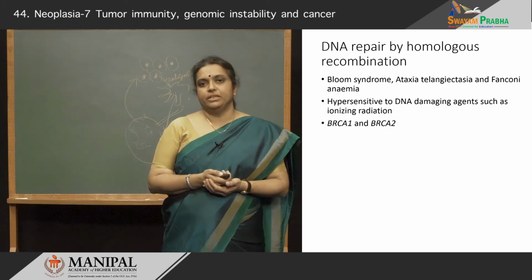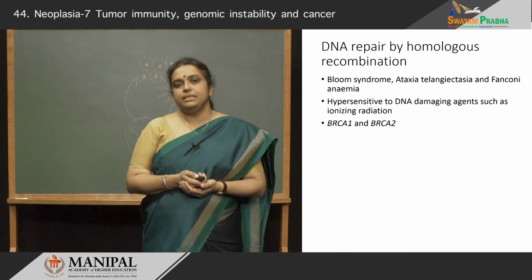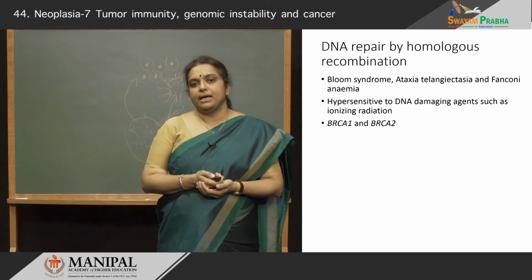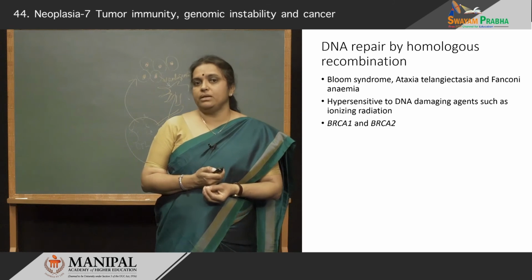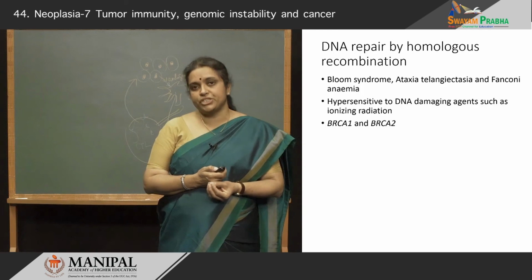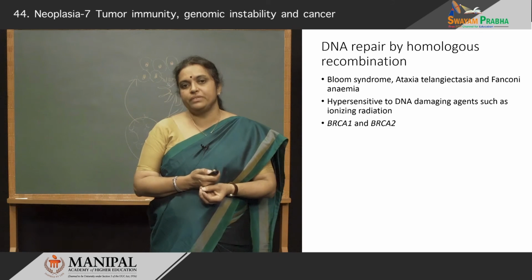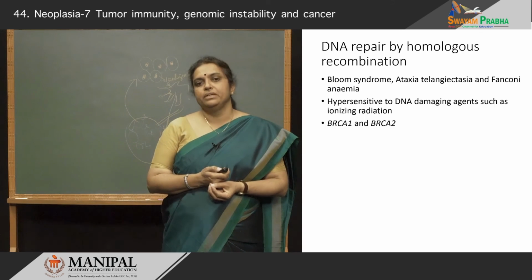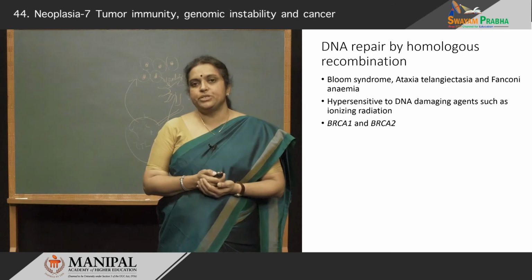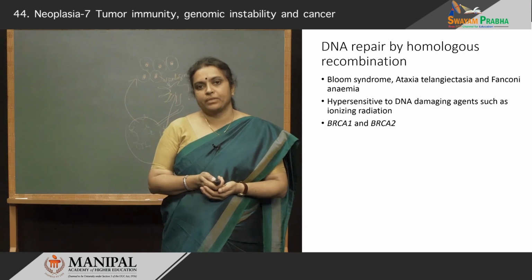Now, you might have heard of BRCA1 and BRCA2. These are implicated in familial breast cancer, and these genes also act at the level of recombination repair. So, patients who inherit mutations of these genes have defective repair by homologous recombination, and they tend to develop cancers of the breast, ovary, etc.